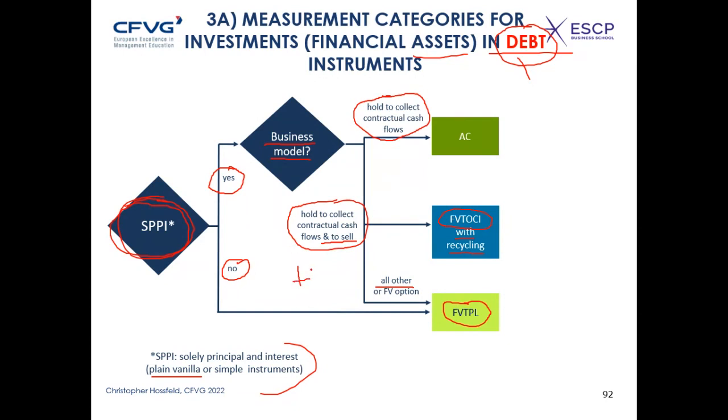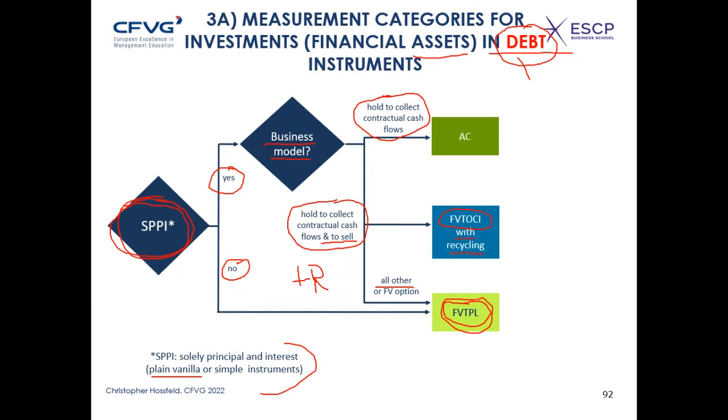So if I do trading, all right, well, trading would be in this last category. So speculative financial assets are always in the category fair value through profit or loss.